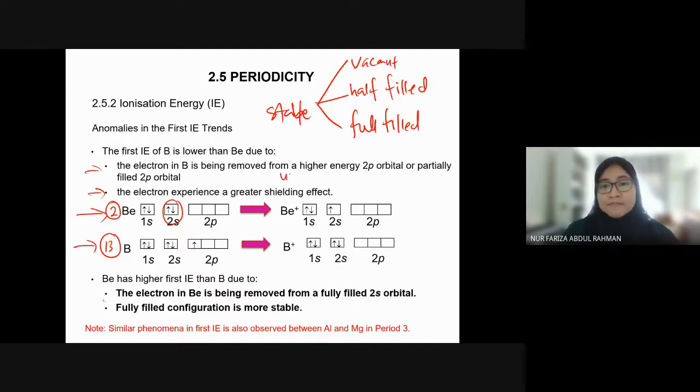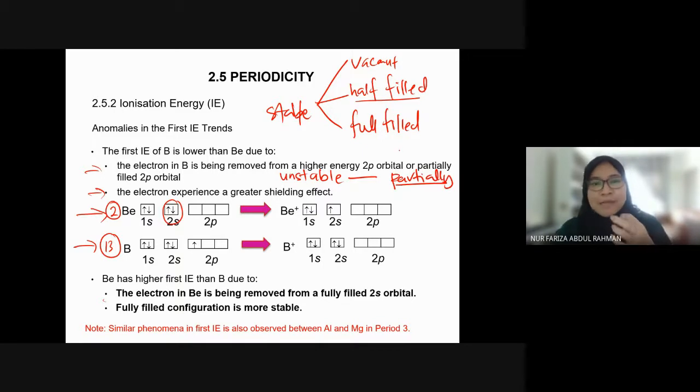The unstable version of orbital would be, it is known as, what is it called, guys? If it's an unstable orbital? Partially filled. Yes, it is partially. Don't get confused between half filled and full filled. Partially means some portion. Half means half. Partially means some portion, how much we do not know. Okay, alright. So it depends on how the orbital filling takes place. Okay, so this is beryllium.